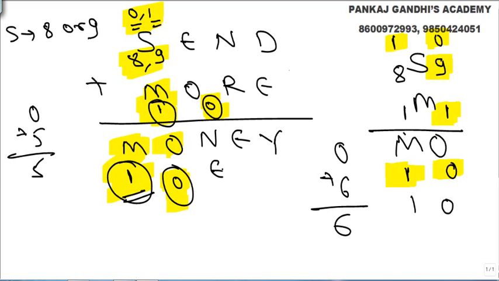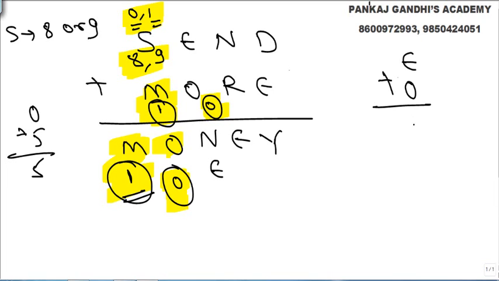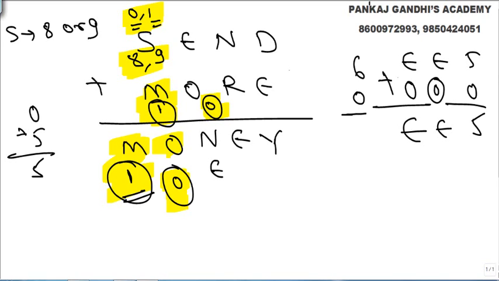E plus 0 has to be E. If this is 0, 0 plus anything is the same thing. 5 plus 0 is 5, 6 plus 0 is 6. But we are not getting E plus 0 as E.